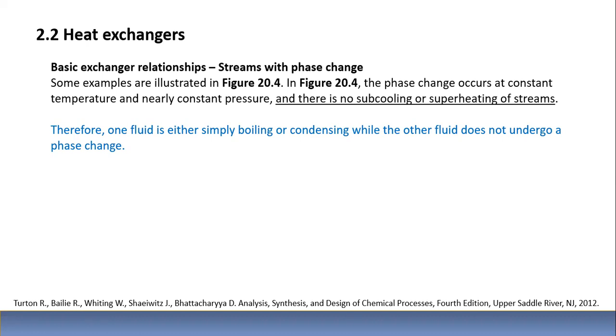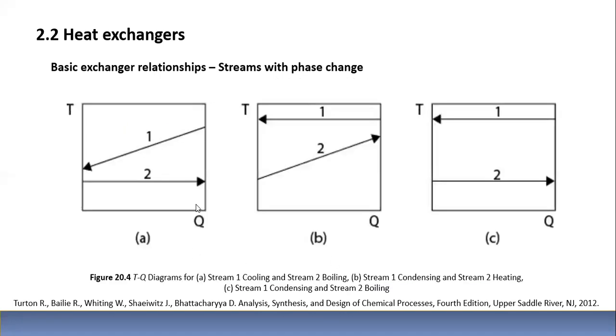In figure 20.4, the phase change occurs at constant temperature and nearly constant pressure, and there is no subcooling or superheating of streams. Therefore, one fluid is either simply boiling or condensing, while the other fluid does not undergo a phase change. As you can see here, fluid number 2 does not seem to do anything.